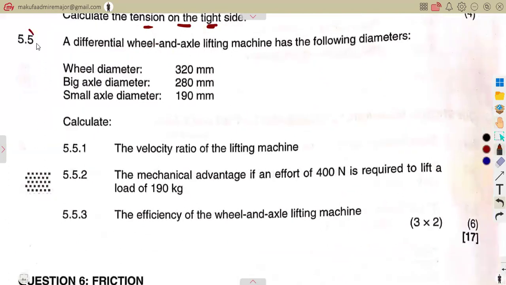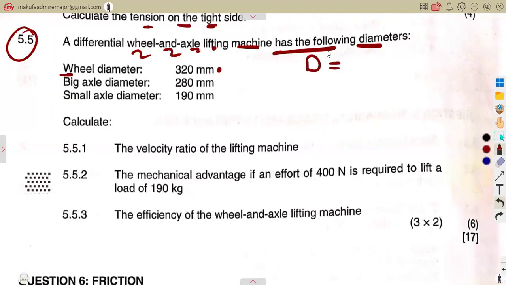Let us consider 5.5, a differential wheel and axle lifting machine. Here are the following diameters. The wheel diameter, remember, this is your D, 320 millimeters divided by 1,000. That's going to be 0,32 meters.